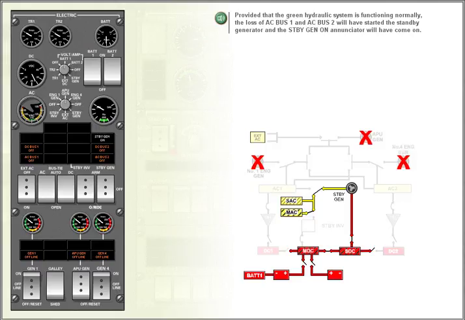Provided that the green hydraulic system is functioning normally, the loss of AC bus 1 and AC bus 2 will have started the standby generator. And the standby generator on annunciator will have come on.